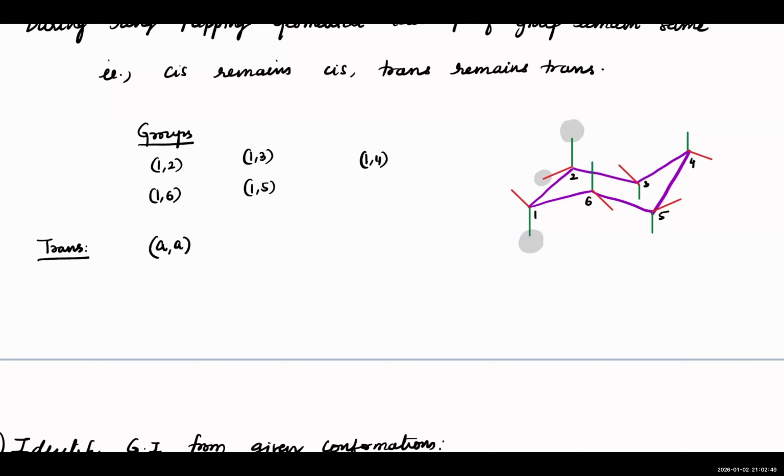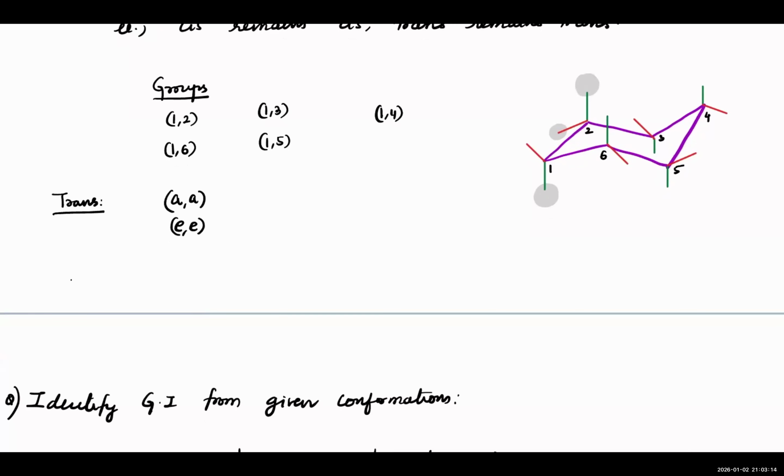Correct. Same way, if these two are trans, that means the equatorial and equatorial also need to be trans. Correct. Why? Because after the flipping of the chair, these two will anyway become axial again. Therefore, an axial axial or an equatorial equatorial, both will make it trans form, while axial equatorial or equatorial axial, these two will make a cis form.